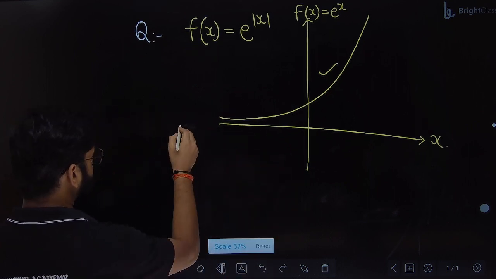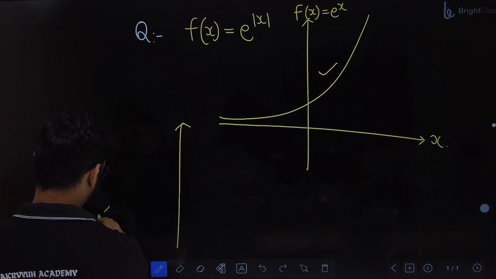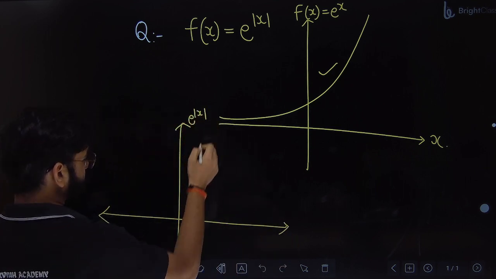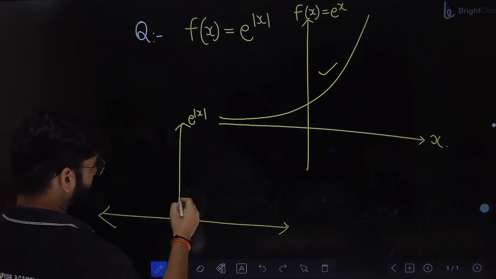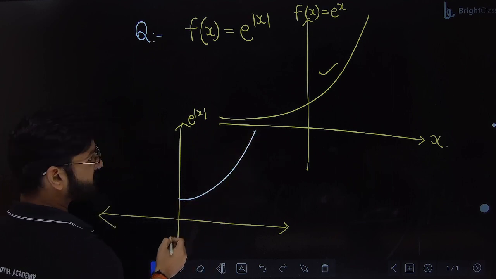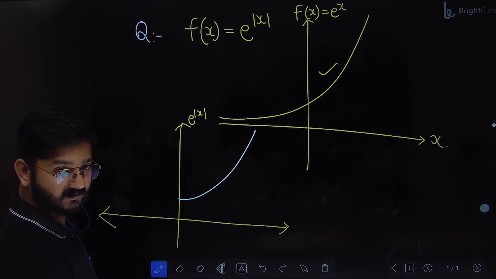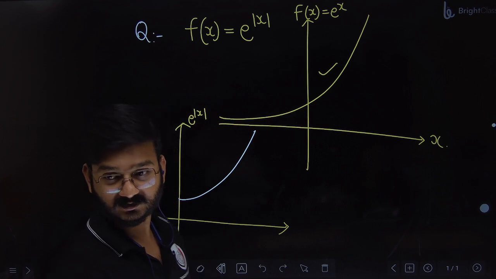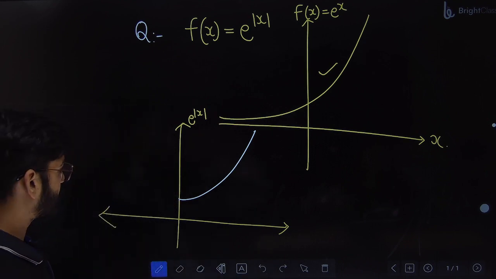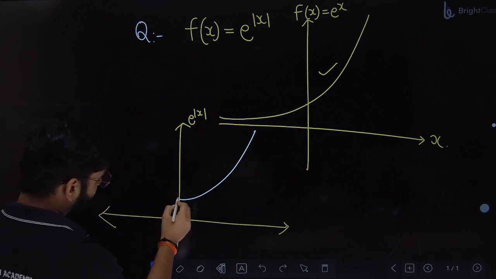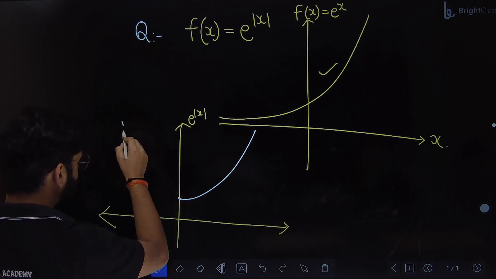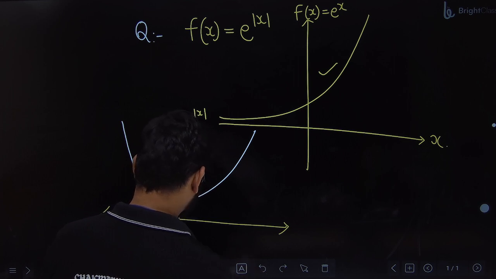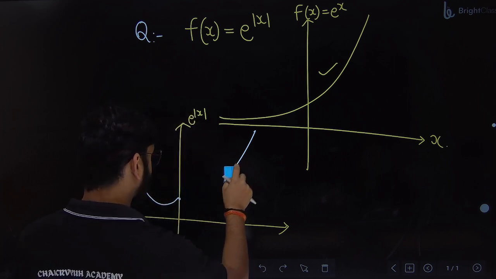If I draw the graph of e to the power mod x, the shape will be like this. And then on the left side, what will happen? Same. So it will be something like this. I have to draw this part again.